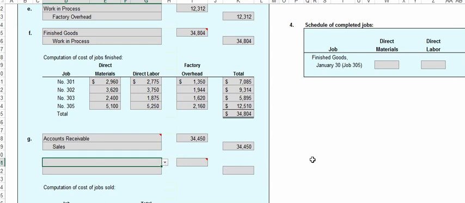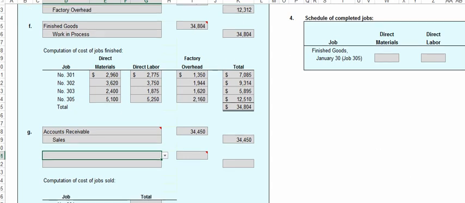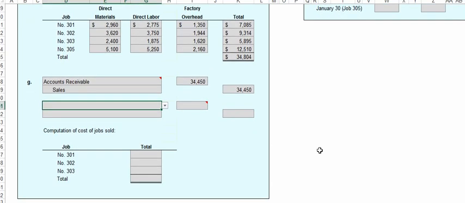So at cost, we want to debit cost of goods sold and credit finished goods inventory. But we need to determine the cost of the jobs that were sold. Computation of the cost of jobs sold.